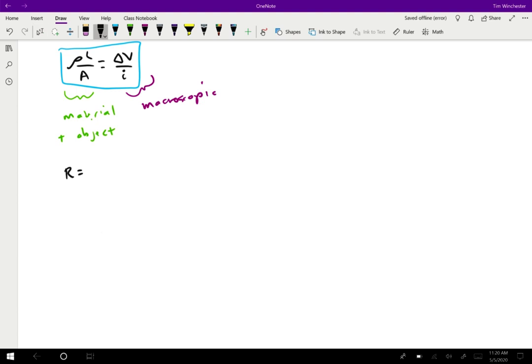R equals rho L over A. And here, R is given the name resistance. And remember, rho is resistivity. So while resistivity is a material property, resistance is not. Resistance depends on the specific object.